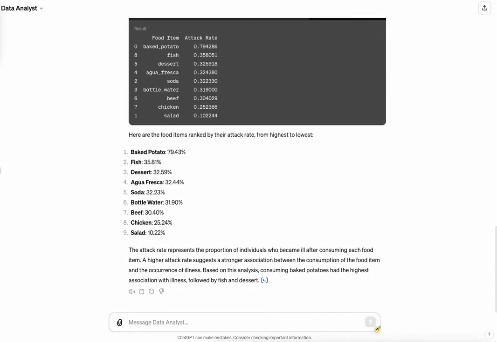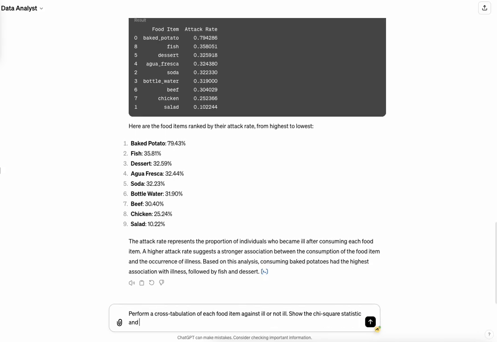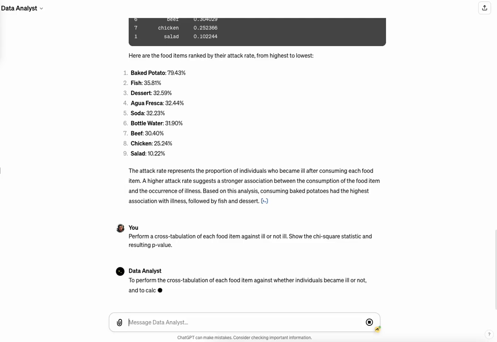So what I'm going to do next is a cross tabulation. Perform a cross tabulation of each food item against ill or not ill. Show the chi-square statistic and resulting p-value.